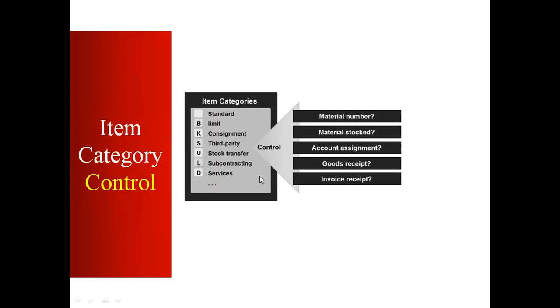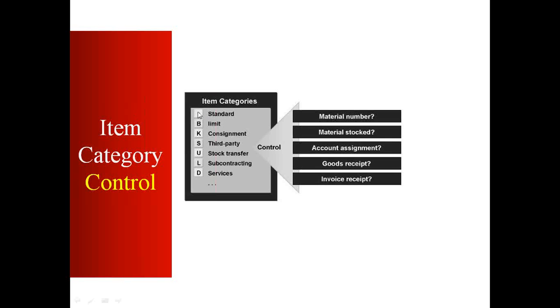For example, these are the controls: whether you can enter the material number or a text item, whether you can maintain the stock, whether account assignment category is possible or not, goods receipt is possible or not, invoice receipt is possible or not. These are the things controlled by the item category, which is done in the customizing, and we'll start the customizing chapter very soon.